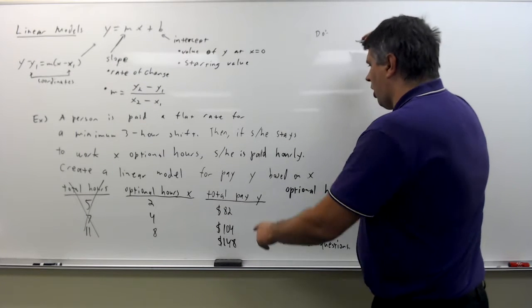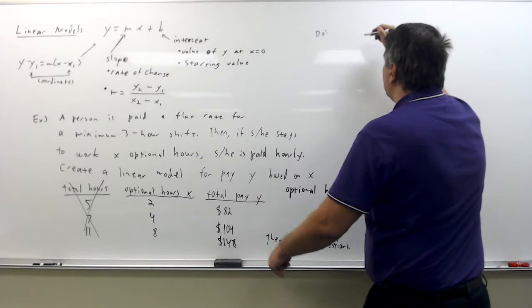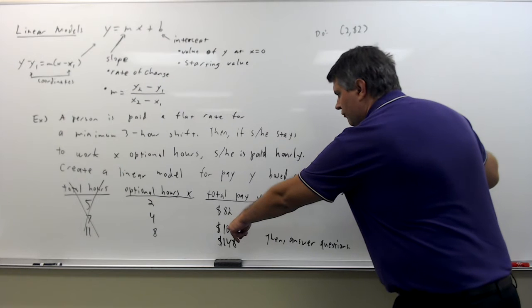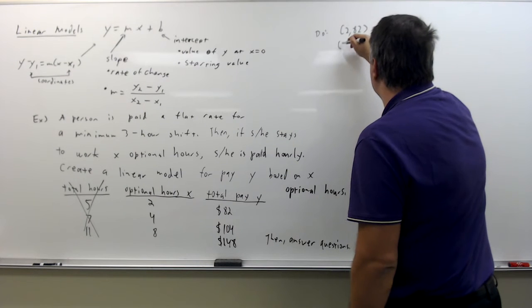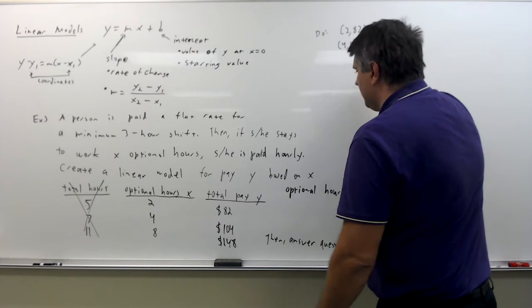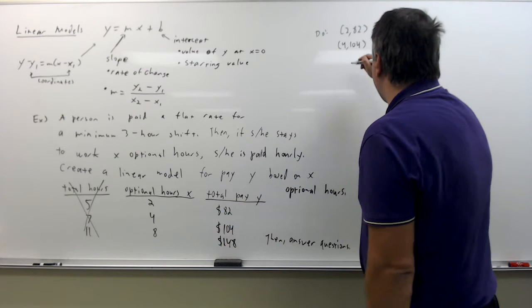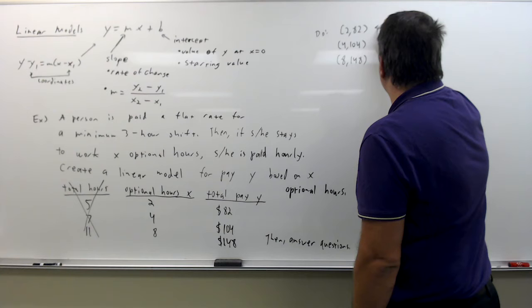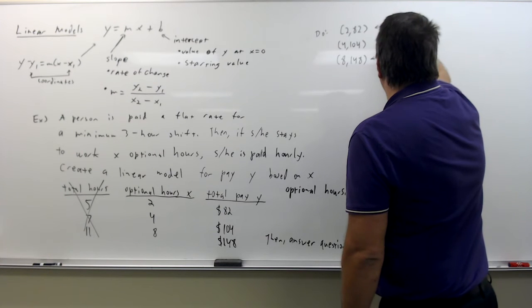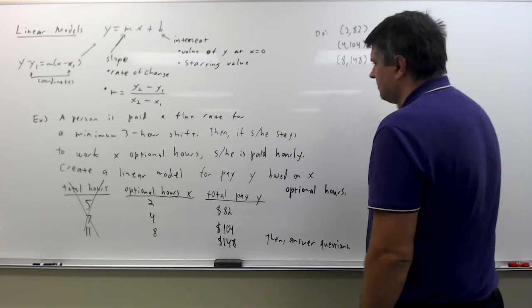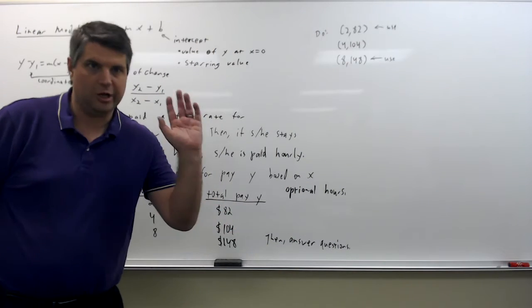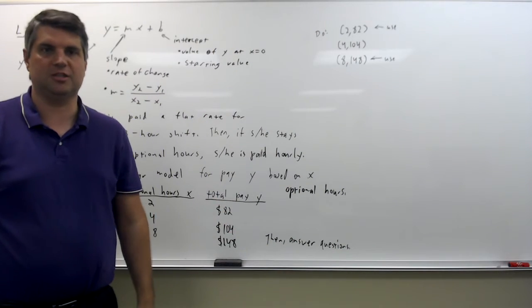The points are (2, 82), (4, 104), and (8, 148). I teach my students to use the first and the last. So if you've got 4, you still use the first and the last.